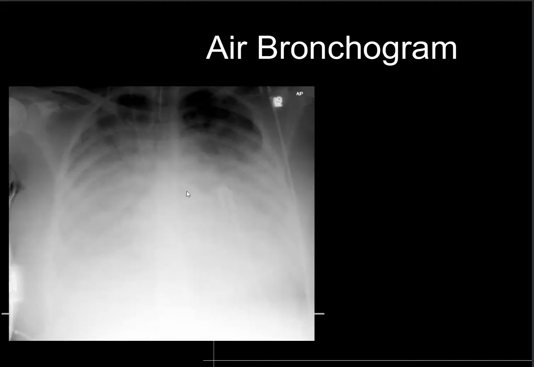So I'll give you an example of that. Air bronchogram. Look here, you can see a lot of airway surrounded by pus-filled alveoli, and the airways are these streaky air density areas.